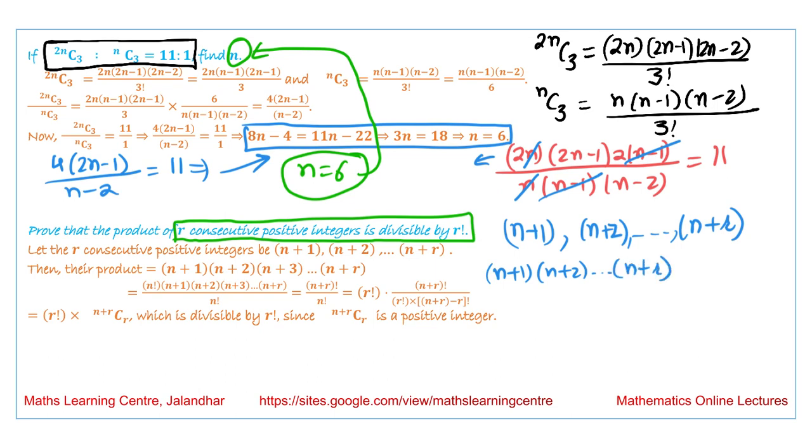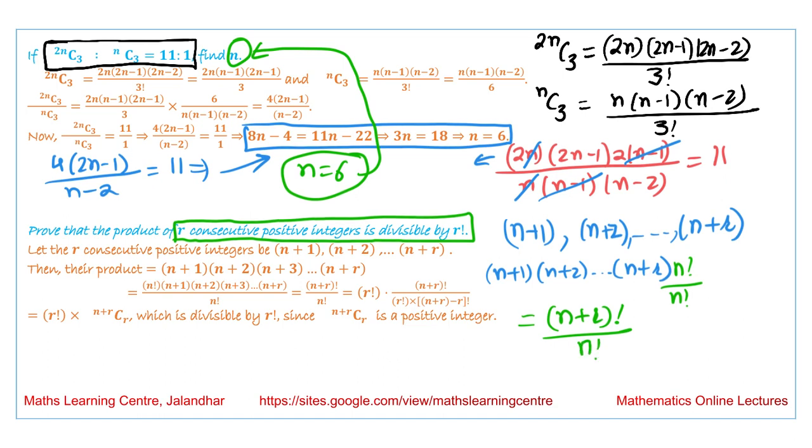Now if we multiply and divide this term, both numerator and denominator, by n factorial, this value is equal to n plus r factorial divided by n factorial.